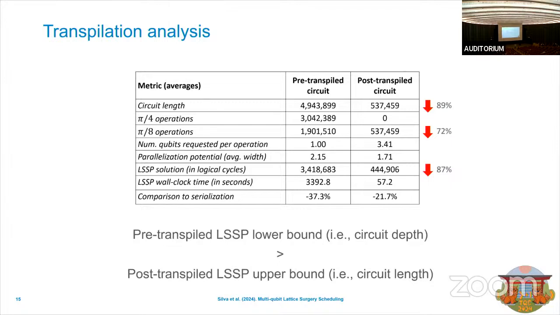Good question. I remember now, in the paper, I don't have the exact number in this table, but you could do the math by comparing this depth, the length here, with the average width. If you divide one by the other, that would give you the final depth for the circuit. Okay, thank you.